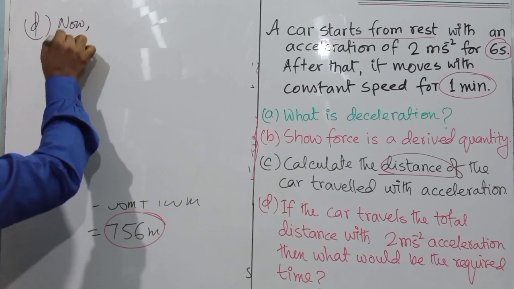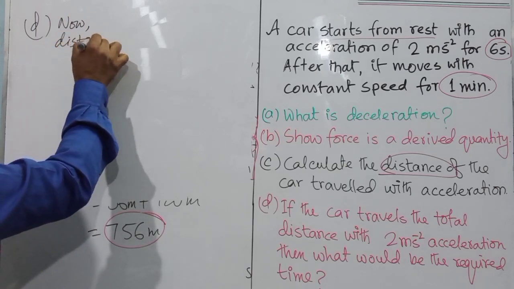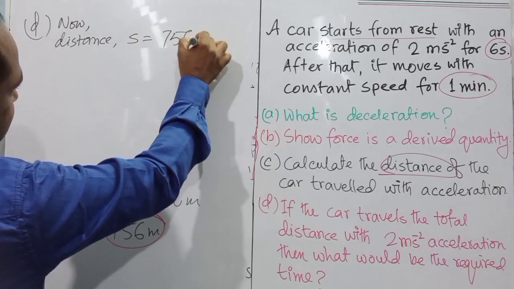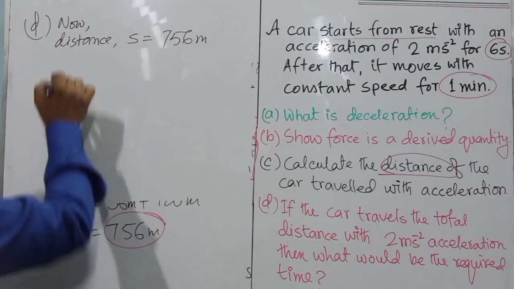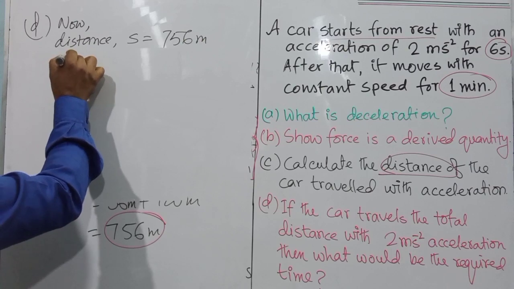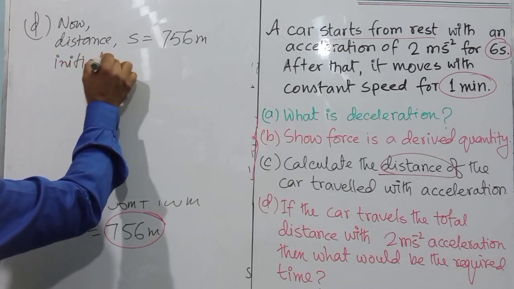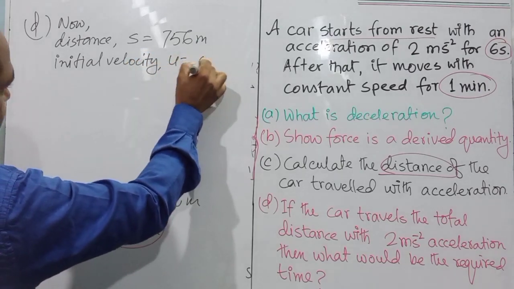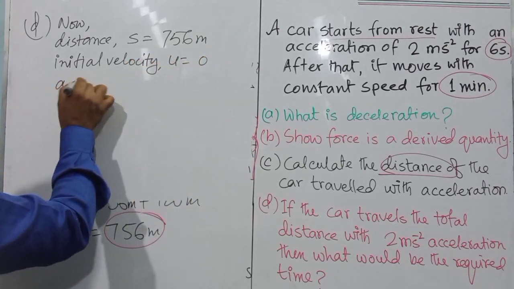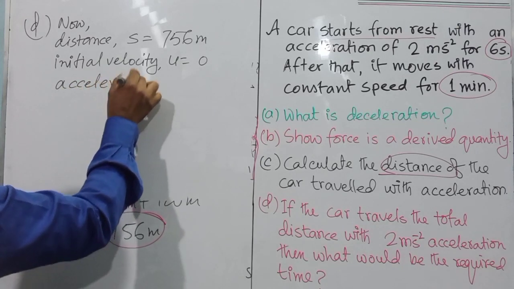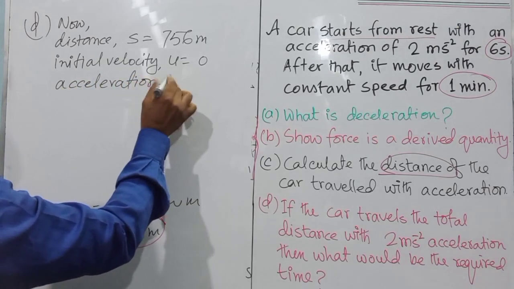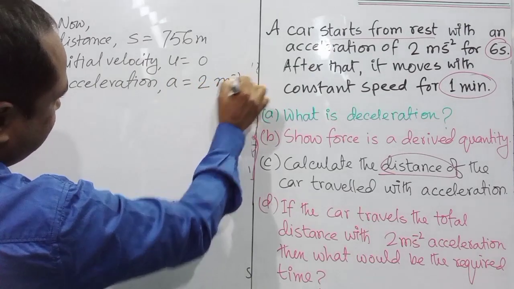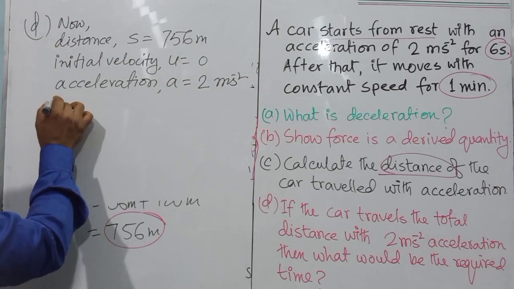So for our final calculation we can write that now distance S is equal to 756 meter. Initial velocity u is equal to 0. Acceleration a is equal to 2 meter per second square.